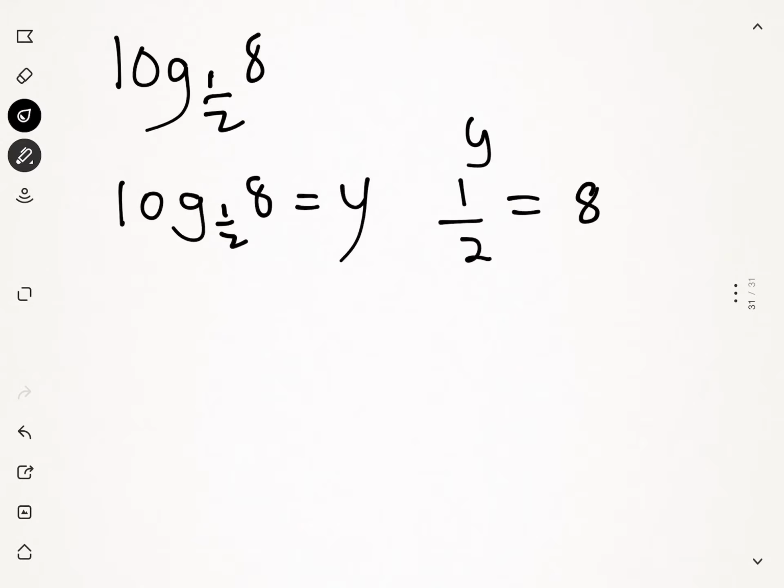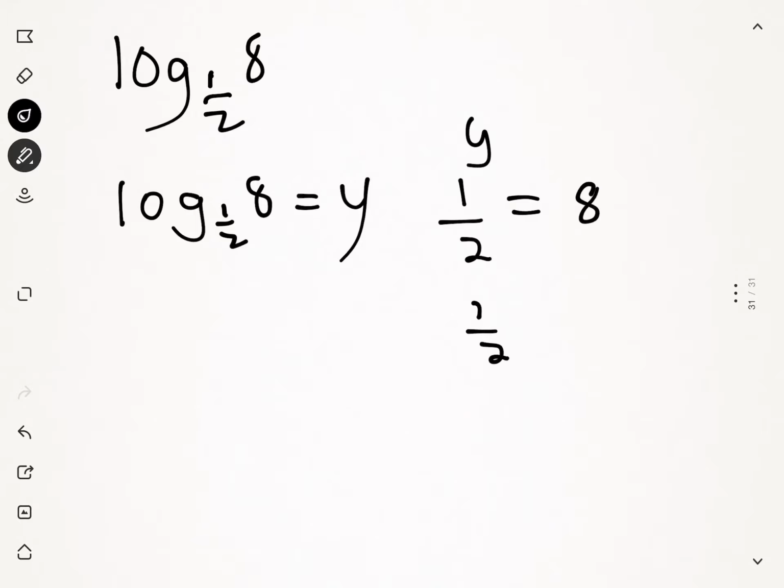So take a minute and think about that. Pause the video and see if you can figure out what your y is. One particular thing that you can do when you have these fractions is to think of how to write both things on the same side.